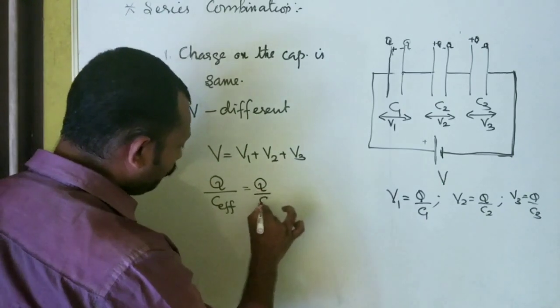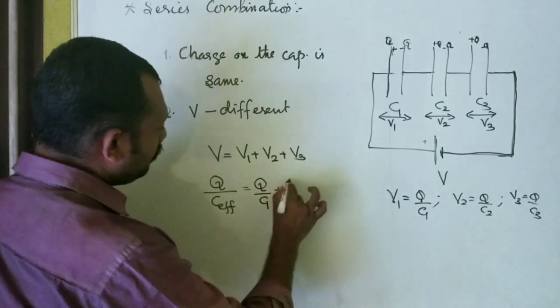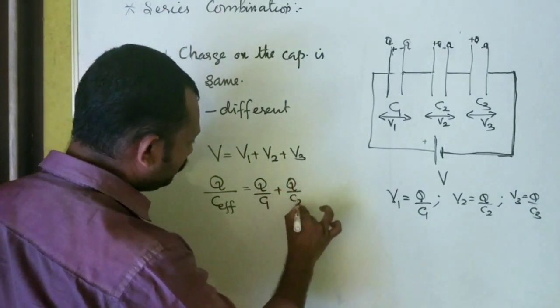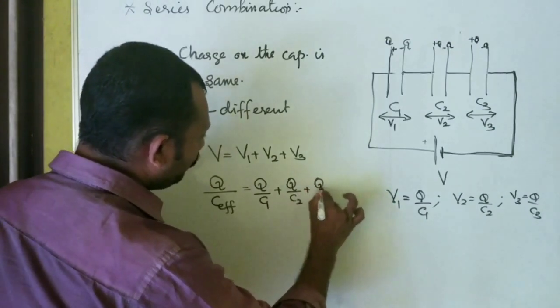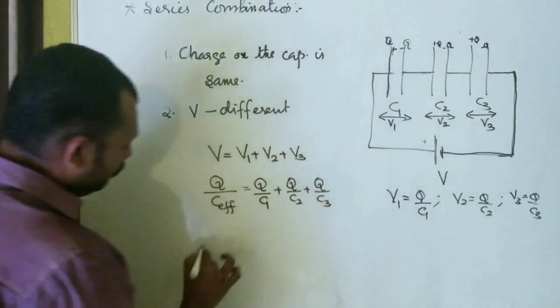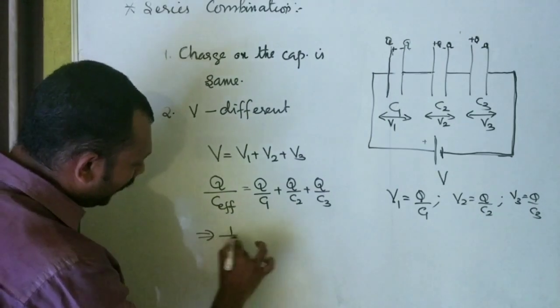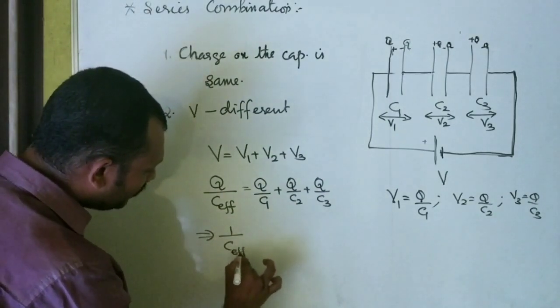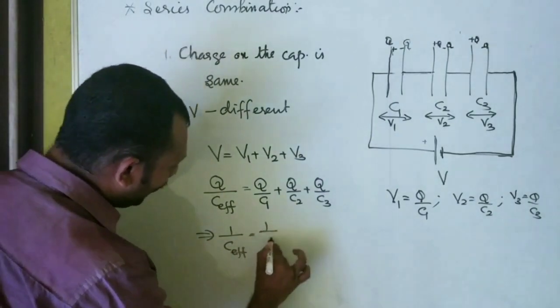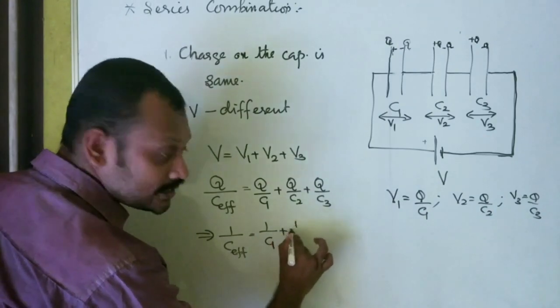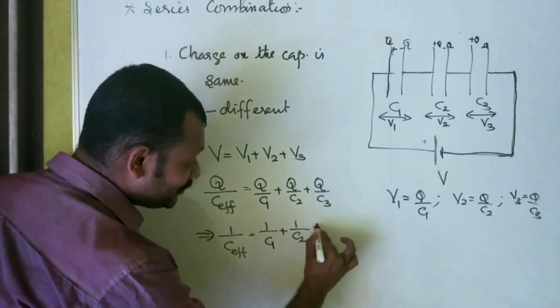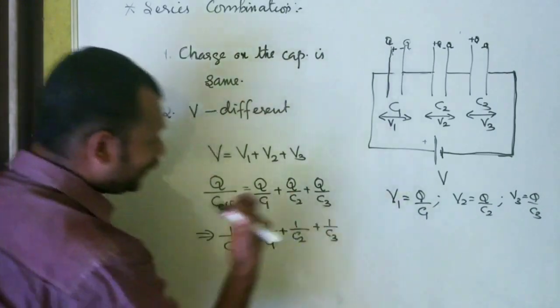Q by C1 plus Q divided by C2 plus Q divided by C3, which implies 1 by C effective is equal to 1 by C1 plus 1 by C2 plus 1 by C3.